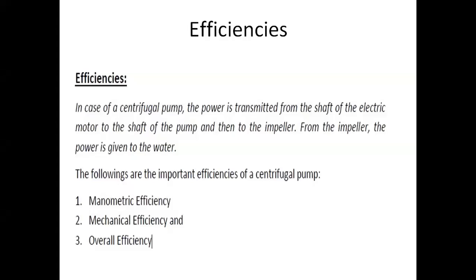In the case of a centrifugal pump, the power is transmitted from the electric motor to the shaft of the pump and then to the impeller. From the impeller, the power is given to the water.